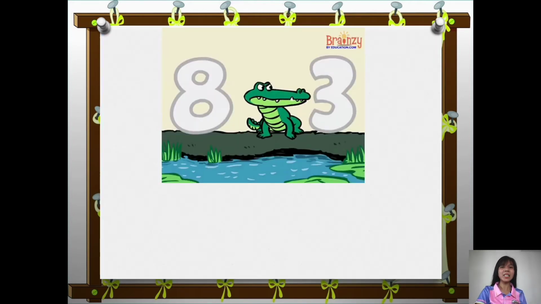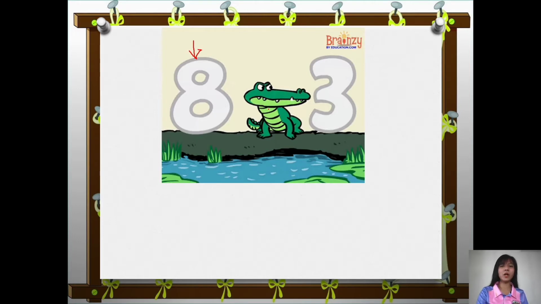In this example, we have 8 and 3. Which number is bigger? It's number 8, right? The crocodile will choose which number he will eat.